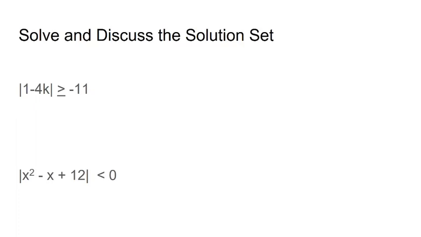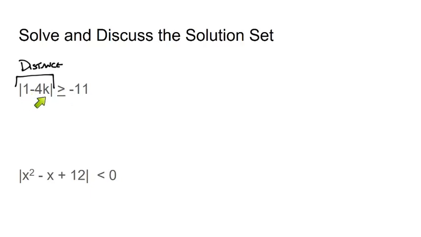So what this first problem is saying is it's describing a distance, and it's asking what values of k would give us a distance that's greater than or equal to negative 11. Any distance is going to be greater than a negative, because the smallest distance we can have is 0. We don't measure a distance as a negative.